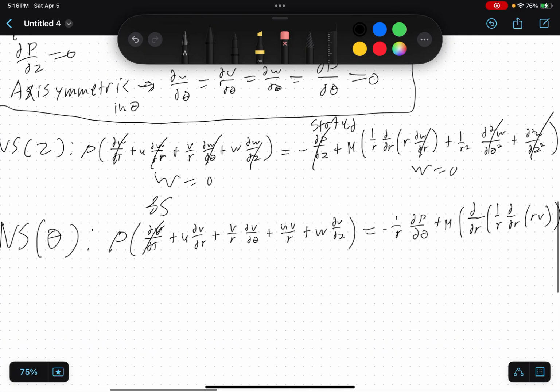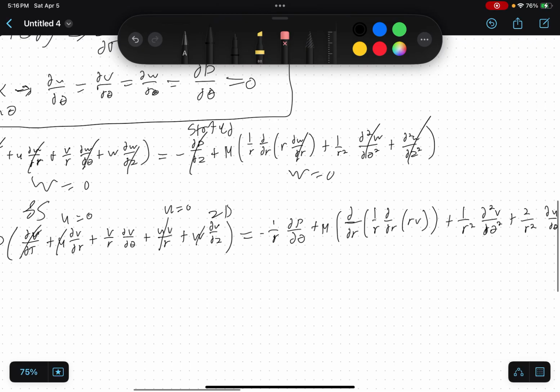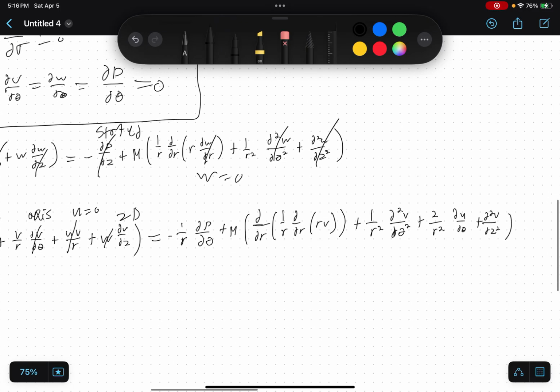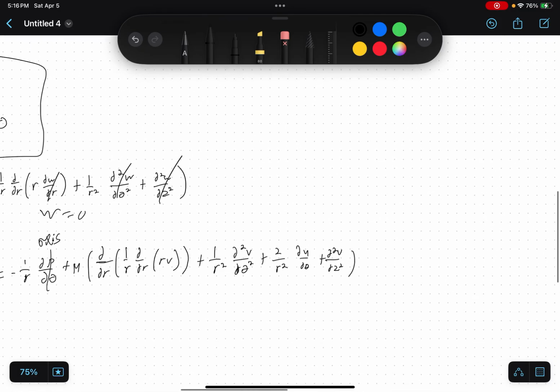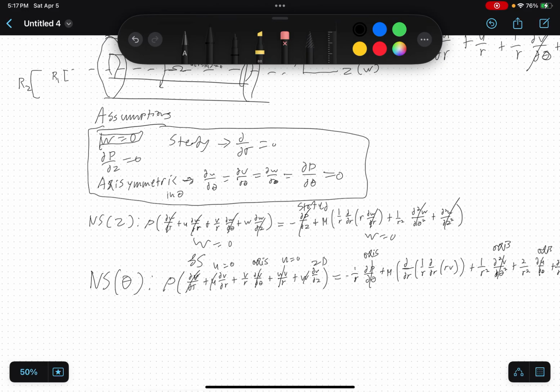It's 2D, axisymmetric, and fully developed.